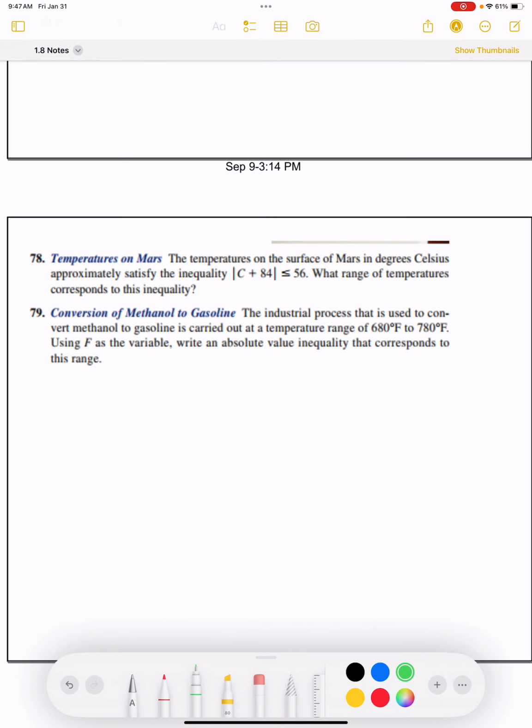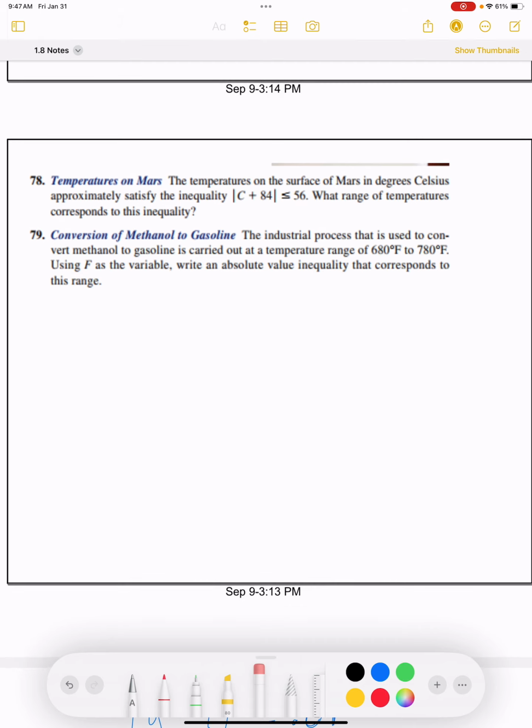Temperature, surface on Mars. What is the range of the temperature? So this one's just asking you to solve it. You can solve it and figure that out. And then it says the industrial process that's used to convert methanol to gasoline is carried out at temperatures in this range. All right, let's do this one.